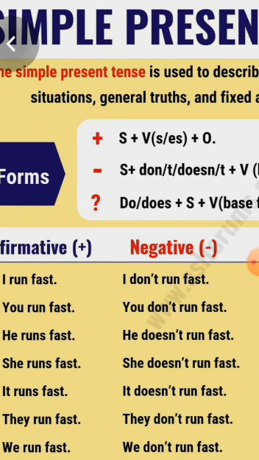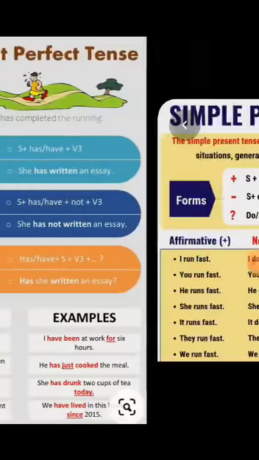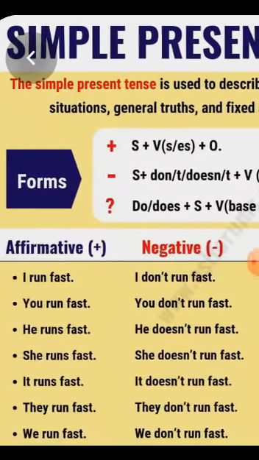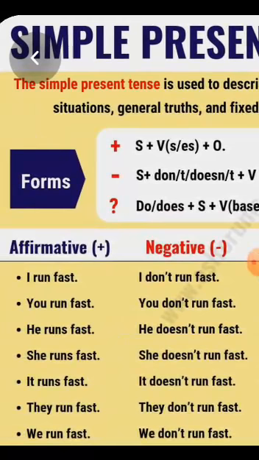We cannot use the s or es form twice in the same sentence, we cannot repeat the s or es form in a single sentence. So he doesn't run fast. She runs fast, she doesn't run fast. It runs fast, it doesn't. They run, they don't run.